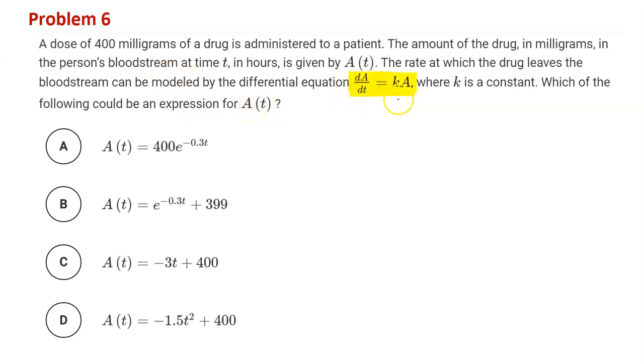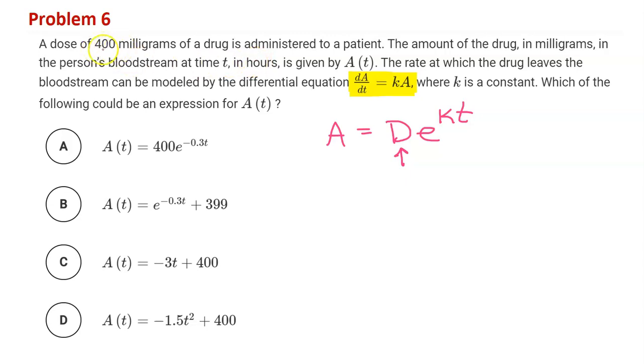Once again, we have the special case where the rate of change of a quantity is proportional to itself. So we can use the shortcut and go directly to the answer. A is equal to D times e to the kt power. D is the initial amount of whatever it is, in this case, the milligrams of this drug.